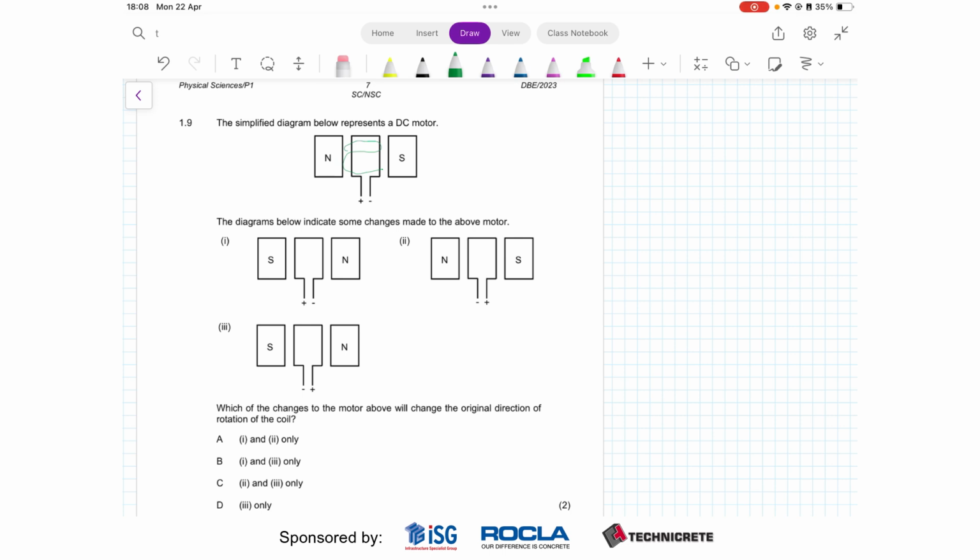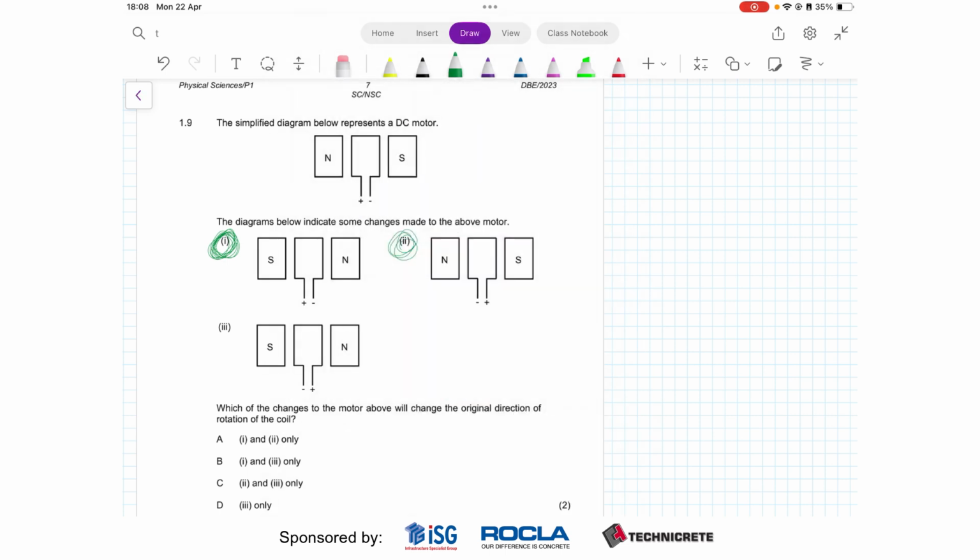So this change is going to change the direction of the rotation of the coil, okay? If you change the poles. Now, 2 also works because you are changing the polarity of the terminals, right? So that also works.